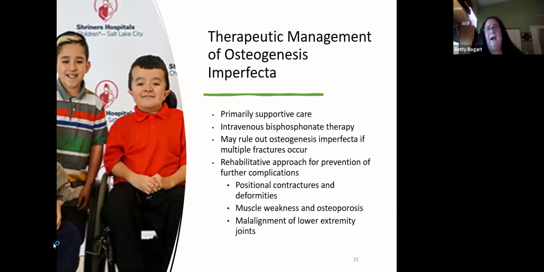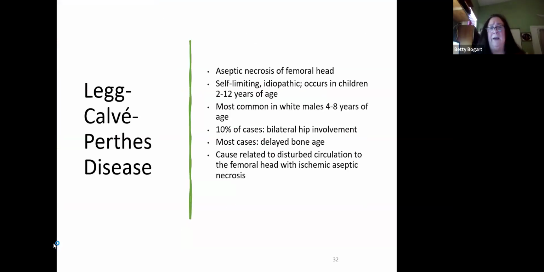There is supportive care. There's no cure for it, but maybe some IV bisphosphonate therapy, but basically it's just preventing fractures. And if they do get fractures, keep them in a workable position so as they heal, they'll still be able to be mobile in some manner.